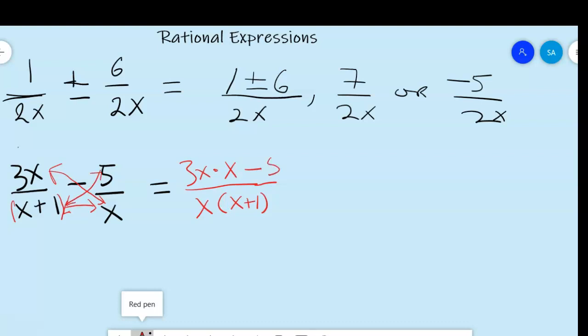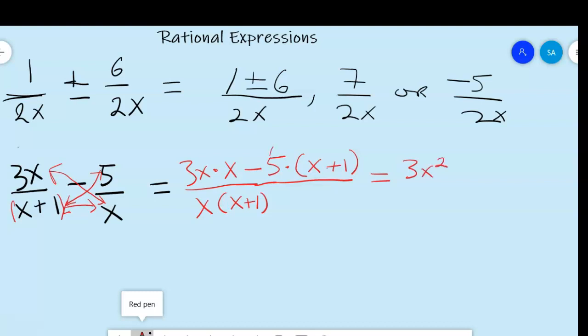This is 2 terms, so let's put a parenthesis around it. 3x times x gives us 3x squared.